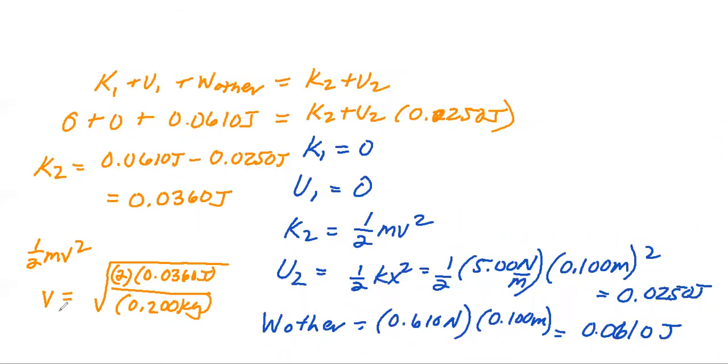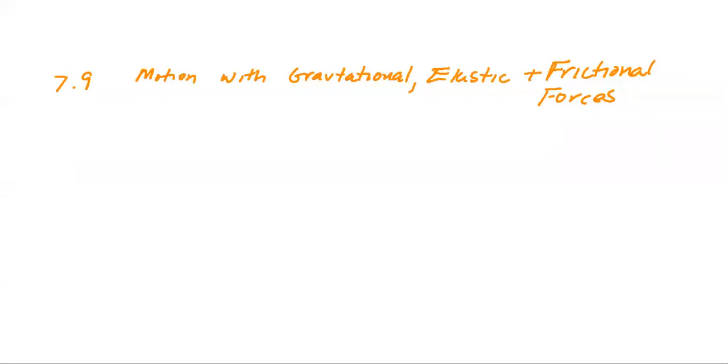So I've got 0 plus 0 plus 0.0610 joules equals K2 plus U2, where U2 is 0.0250 joules.